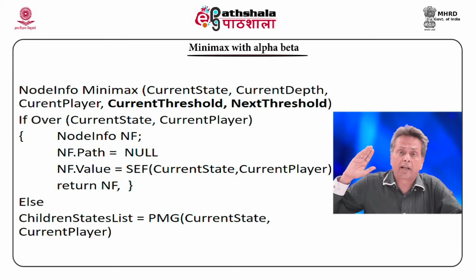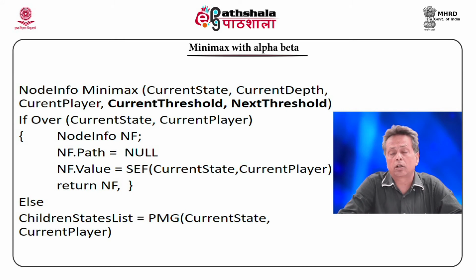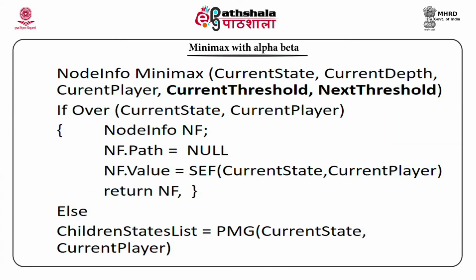Like the previous case, we invoke the function over, and it will have exactly the same code as before. Nothing is different. Node info nf dot path is null, nf dot value is SEF, and return nf, and all that is the same as before. Also in the else part, we generate the children using PMG, again the same.